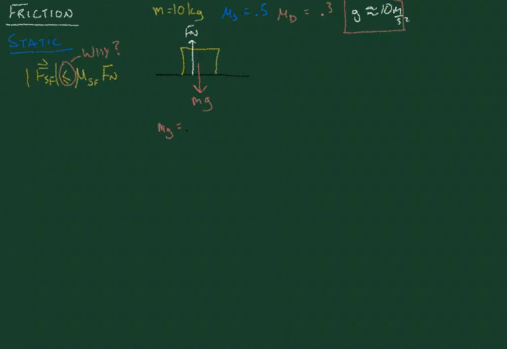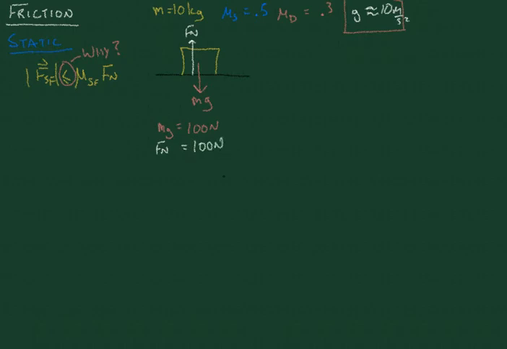In this case, mg is 10 meters per second squared times 10 kilograms, which is 100 newtons. I'm not going to go through the whole detail of summing forces because we've done that in statics already. There are only two forces, up and down, so the magnitude of the normal force is also 100 newtons.